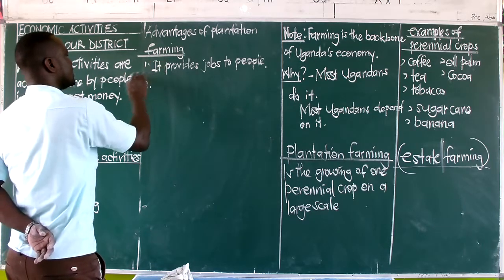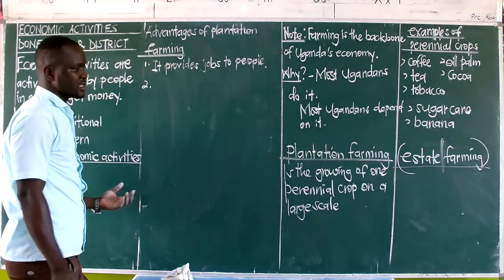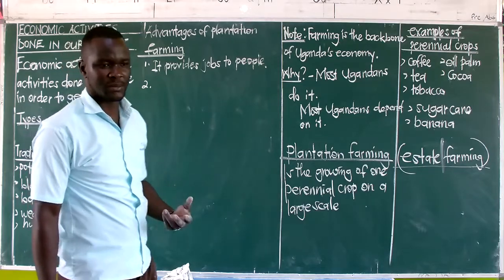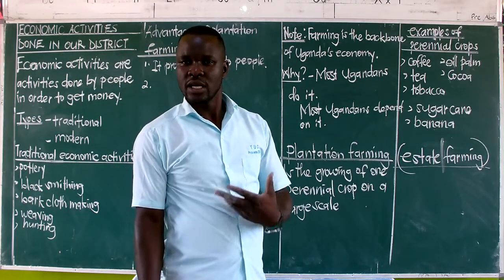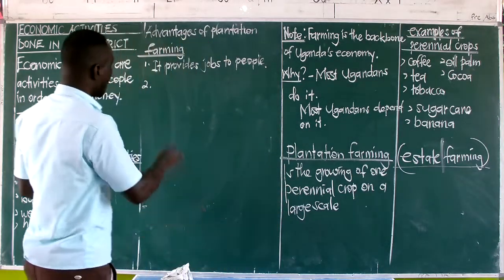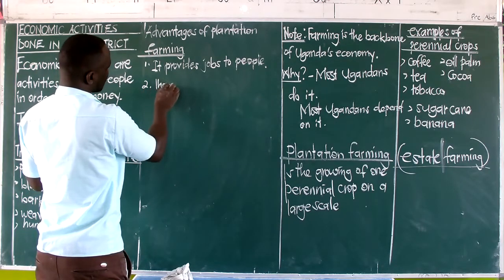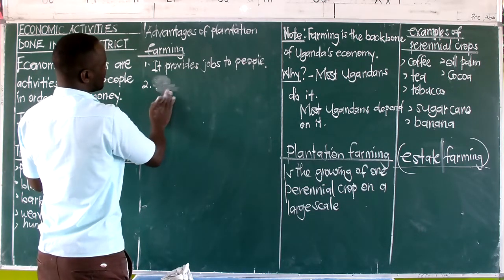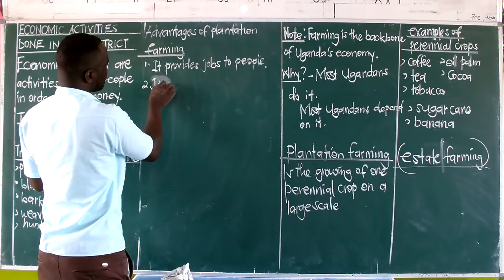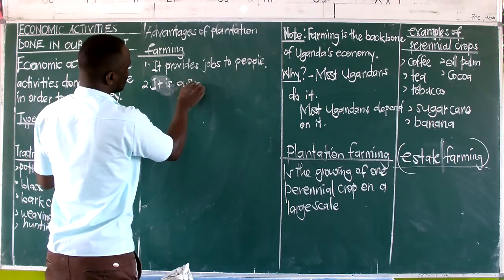Secondly, apart from providing jobs, those plantation farms produce raw materials for agro-based industry. Plantation farming is a source of raw materials.